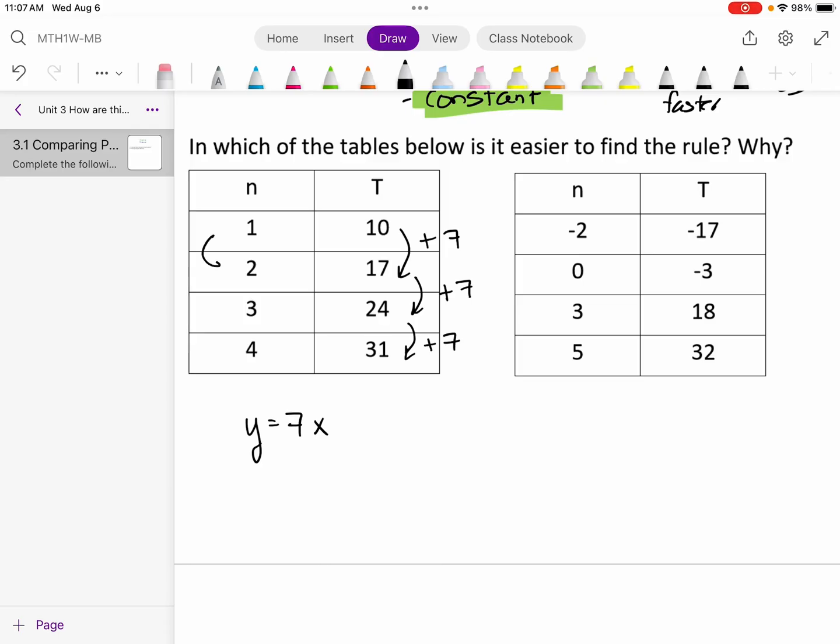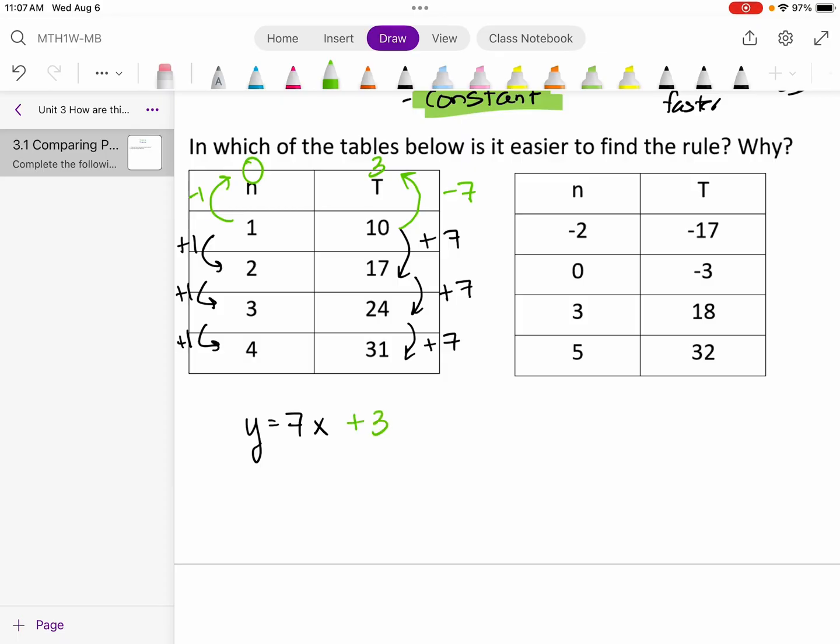Oh, and just do a double take. Okay, it also goes up by 1, so we don't have to divide. Now, what's missing is my constant, or my 0 term. So we're going to work backwards in our table to get to that 0 term. So subtract 7, and that gives me a constant of 3.